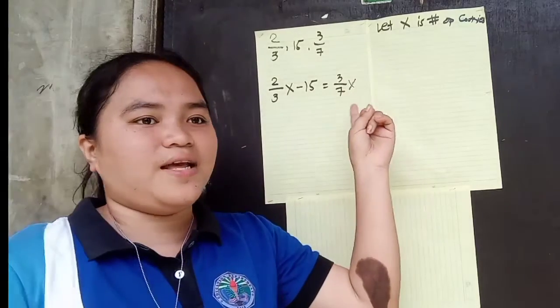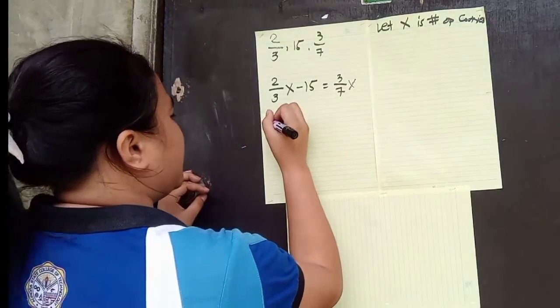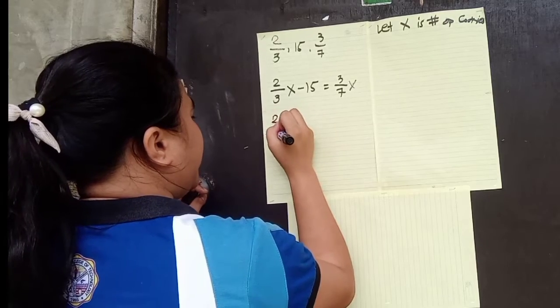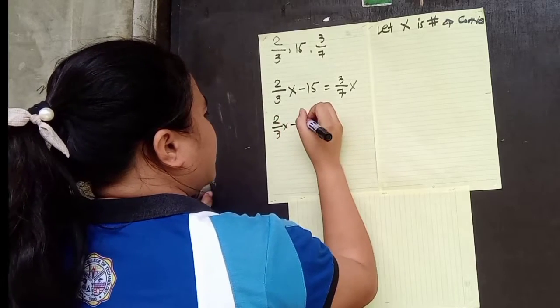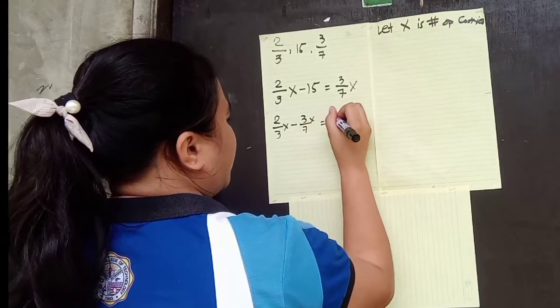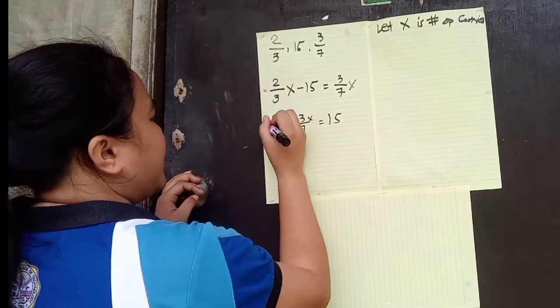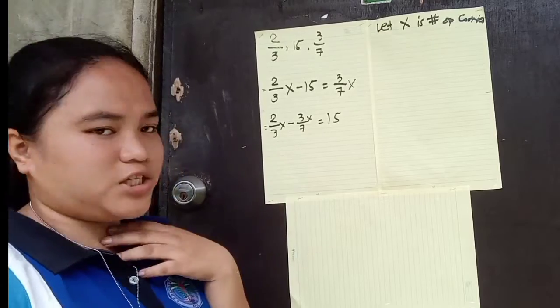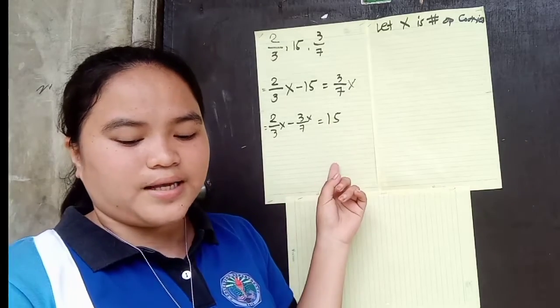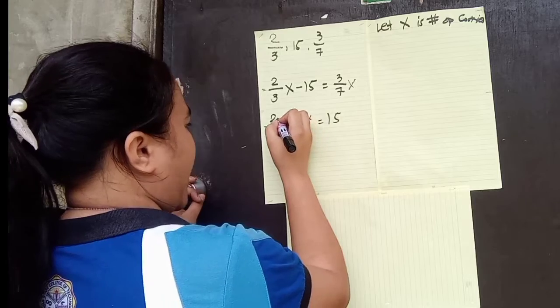Now, ililipat po natin lahat ng may value na x sa kaliwa. So, 2/3 x minus 3/7 x equals 15. Okay, magiging ganyan na po yung construction niya. So, ano po yung next na gagawin natin? Ipag-multiply po natin sila.